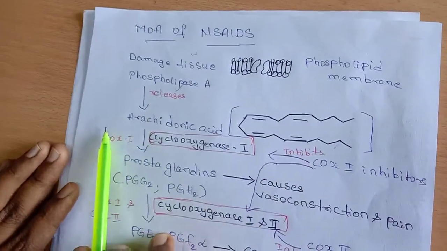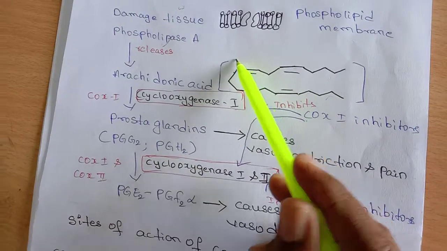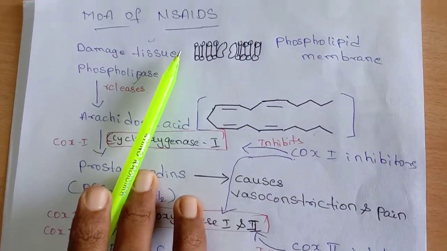Now let us see the flow chart of the mechanism of action of NSAIDs.